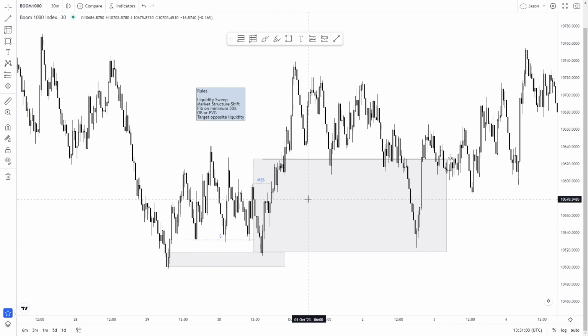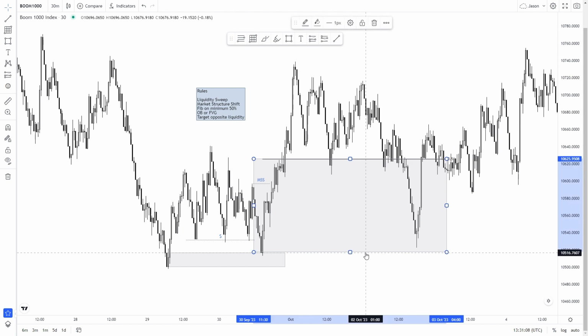But I also, like I said, I only enter from an order block or a fair value gap. So now, alright, which order block do we use? Which fair value gap do we use? Alright, so we can see there's an order block, there was a low created, there's an order block, there's an order block.